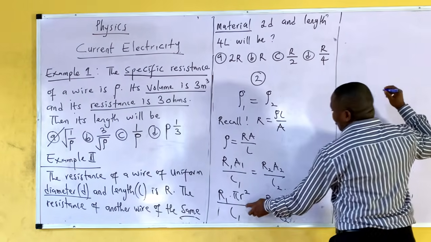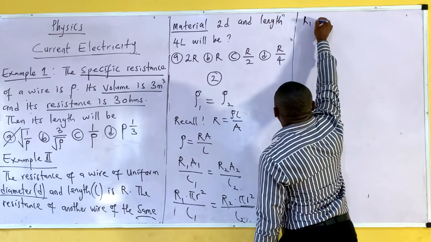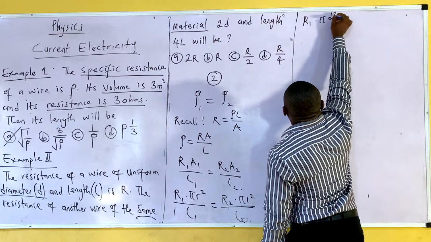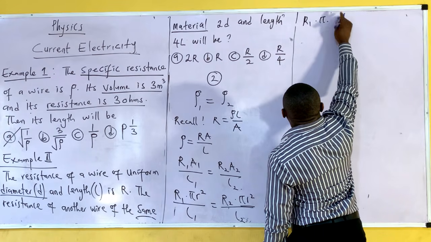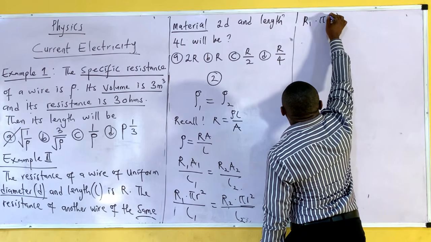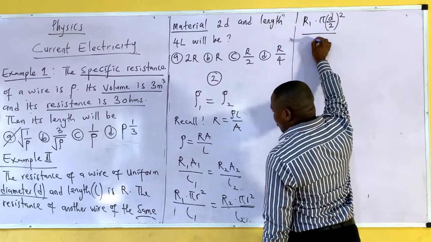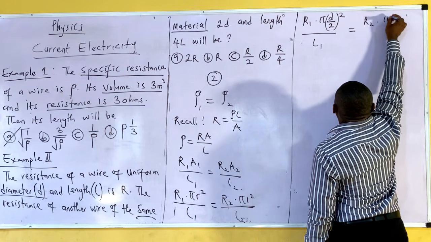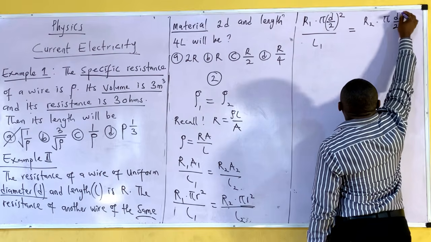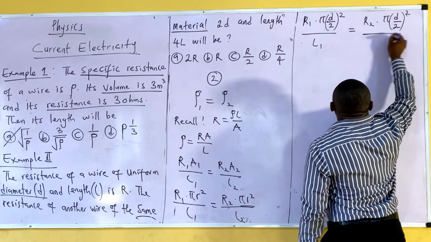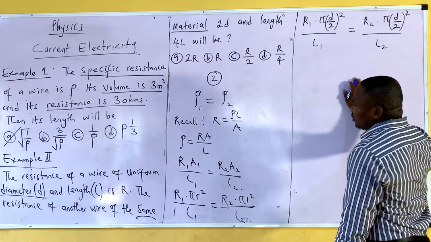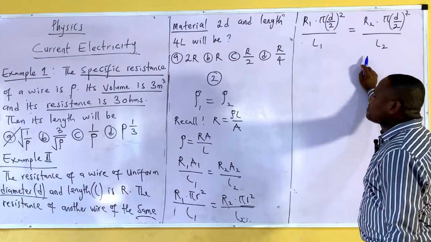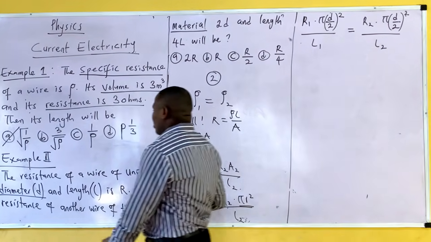So I will come back here to say R1 pi (d over 2) all in bracket squared over L1 is equal to R2 pi (d over 2) all in bracket squared over L2. Take note of this. I have converted my areas to diameters. Now let's continue and come back to your question.